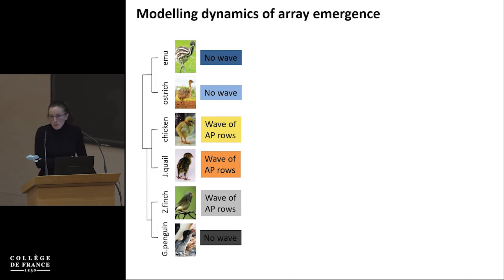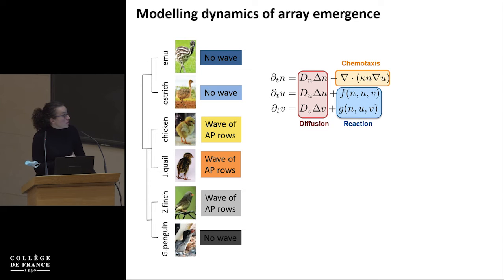So that's pretty simple descriptive work, allowing us to show that there is natural variation in the timely dynamics of primordia emergence. And our next goal was to create a mathematical model that would not only reproduce the final dotted array of primordia, but also the whole timely dynamics of its emergence and the interspecies differences between these dynamics.